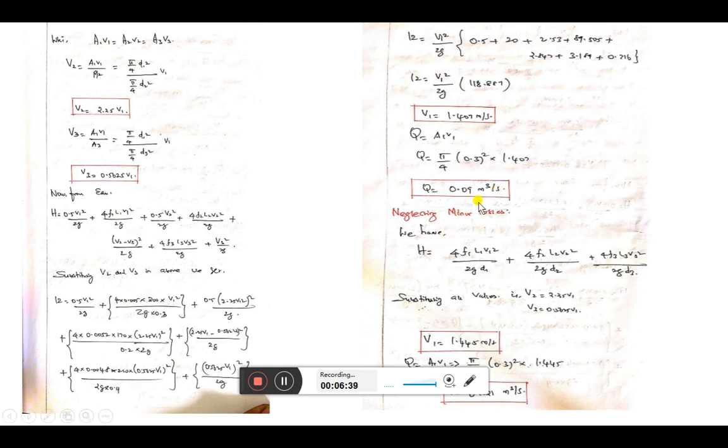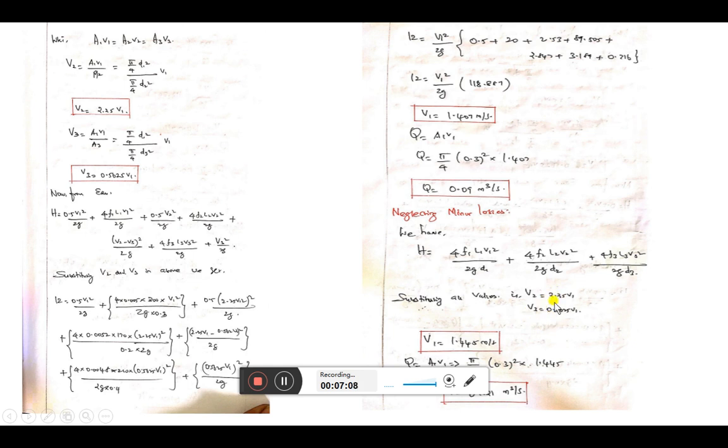In the next step, we are going to neglect the minor losses. That is, we neglect these four terms, and we will have only three terms, which are purely loss of head due to friction. Again, v2 is 2.25 v1 and v3 is 0.5625 v1.